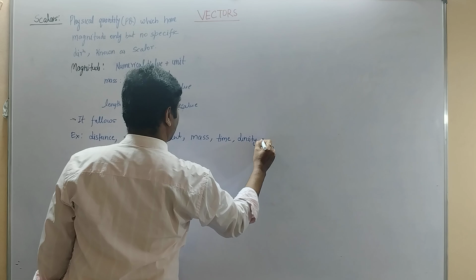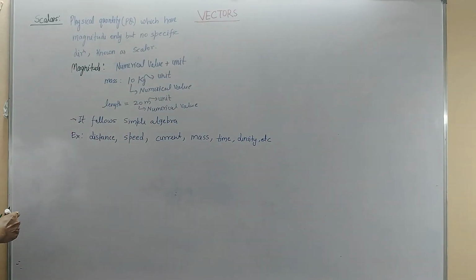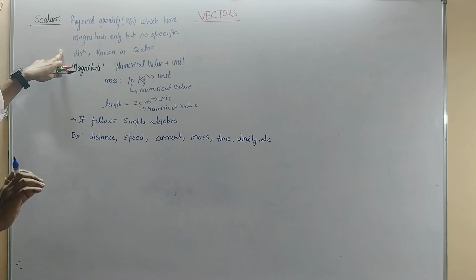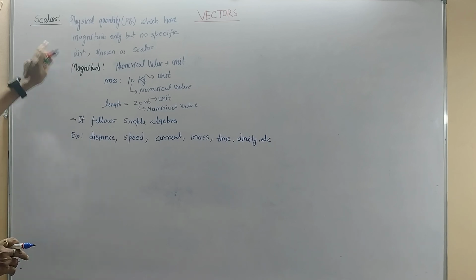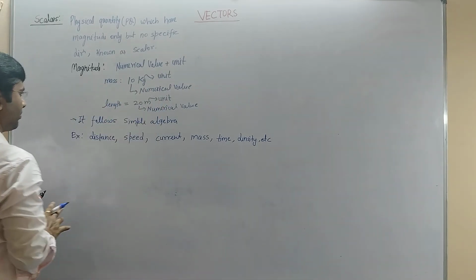There are so many examples which have only magnitude, no direction, and follow simple algebra. A physical quantity having only magnitude, no direction, is known as scalar. Magnitude means numerical value and unit, and it follows simple algebra.